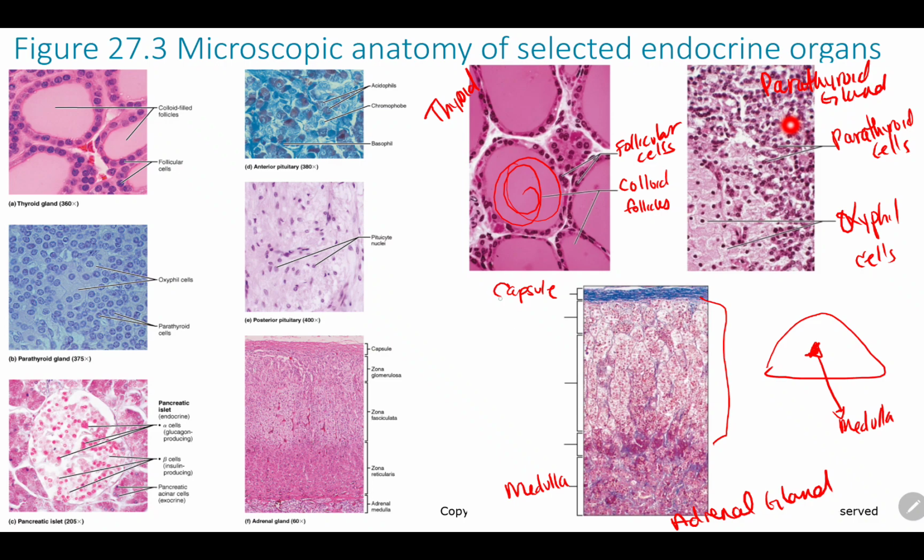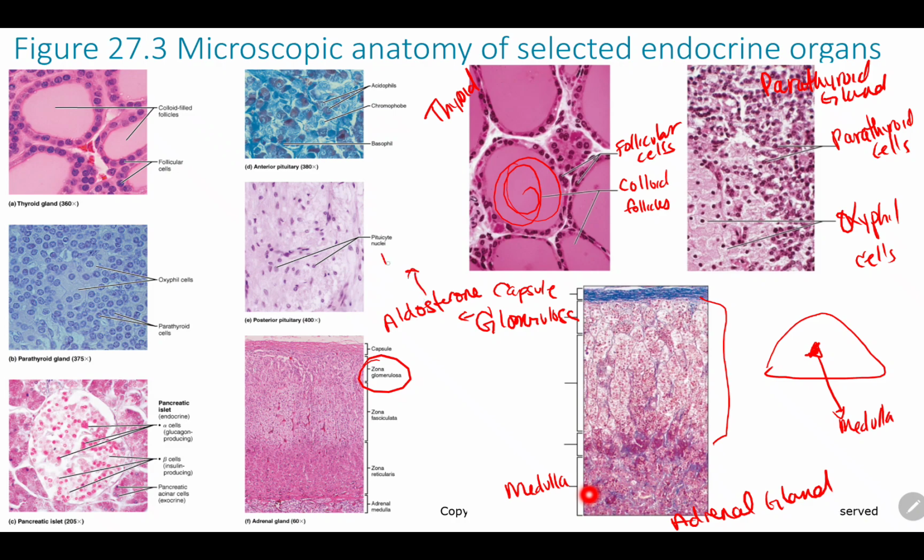The most superficial layer of the cortex is going to be the zona glomerulosa. The zona glomerulosa is going to produce aldosterone. Aldosterone is a hormone that's really part of the RAS system, and it's going to be produced when you have low blood volume or low blood pressure.